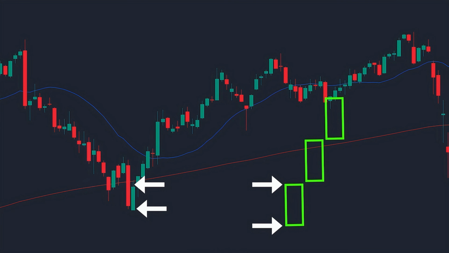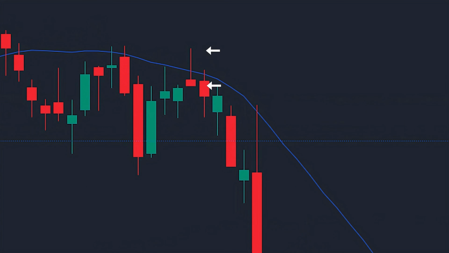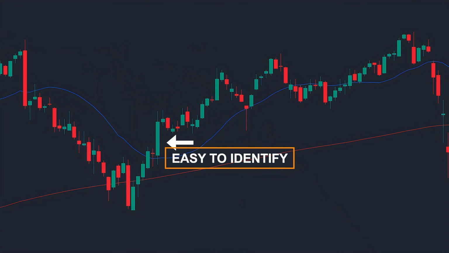You don't get this in the power move, where there's a big giant tail on the bar, and that bar is not considered to be solid. All right. So very easy to recognize the surge that we need, the power move we need, if it's one bar.